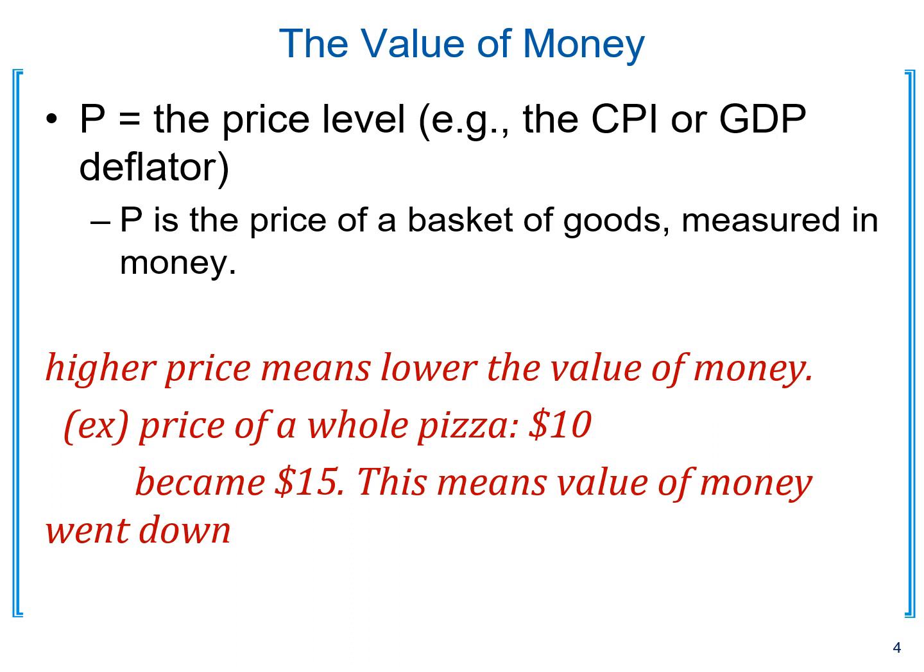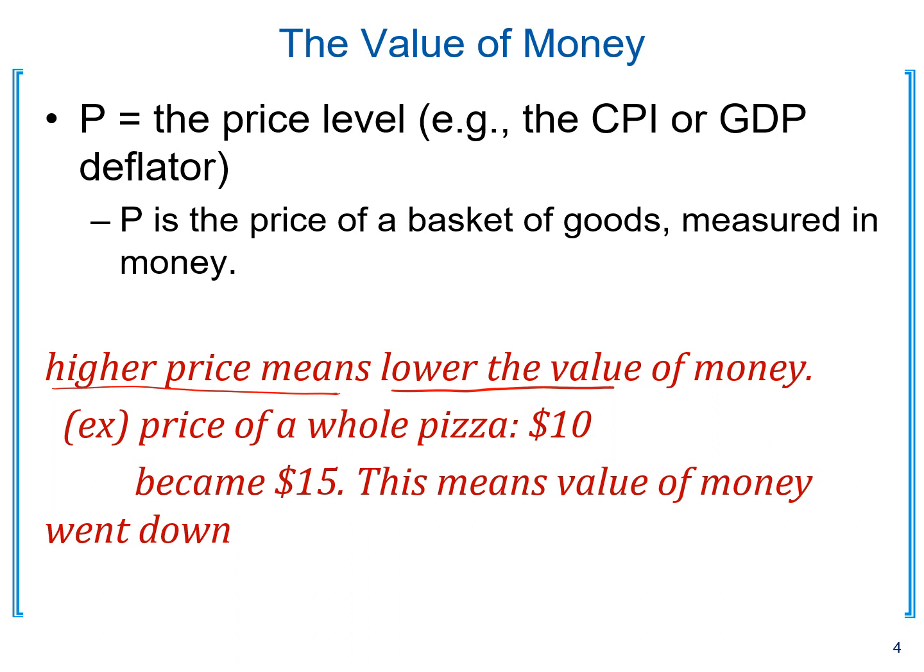So the value of money and the supply of money have a negative relationship, right? And also price level and value of money have a negative relationship. That means higher price means lower value of money.